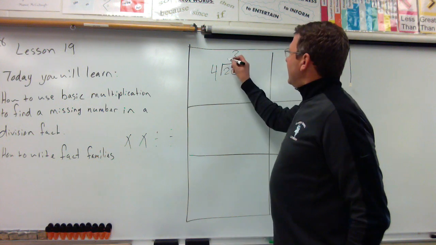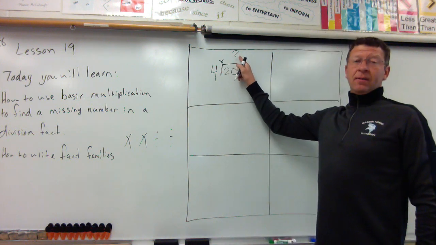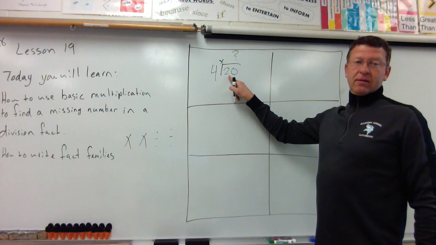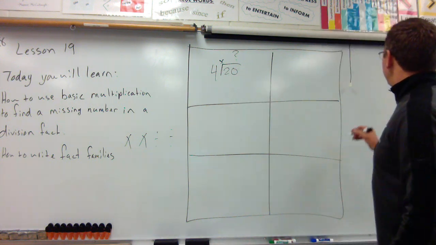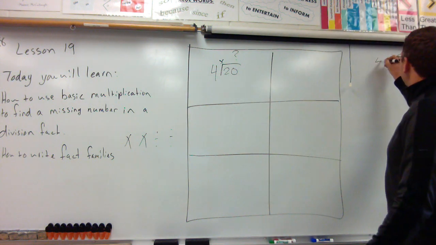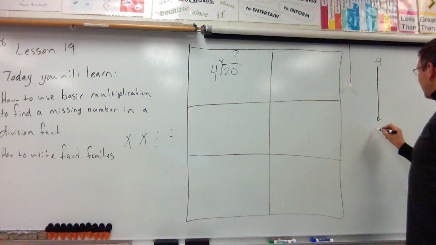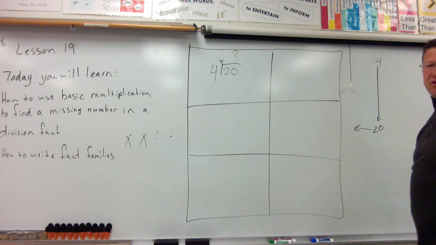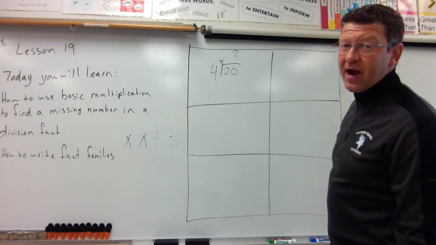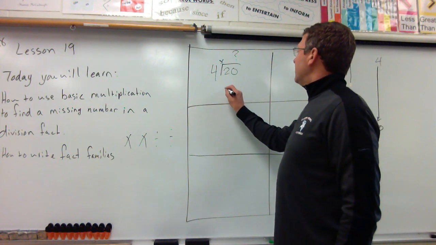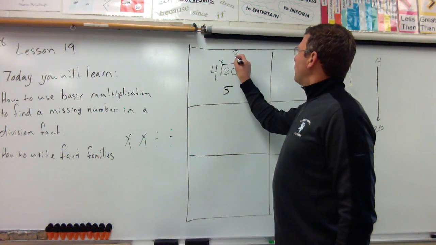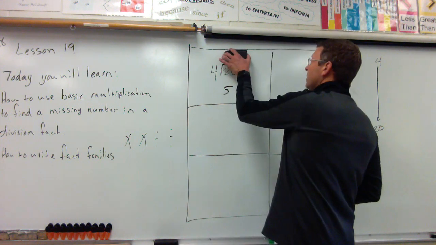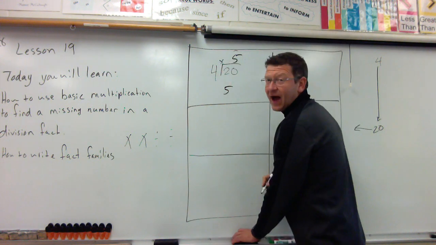Or you could read it this way. 4 times what number equals 20? Now, if you're using your multiplication chart, remember you're going to jump on the 4, slide down to the 20, and shoot off to the side. That's how you would divide on it. And your missing number is 5. 20 divided by 4 equals 5.